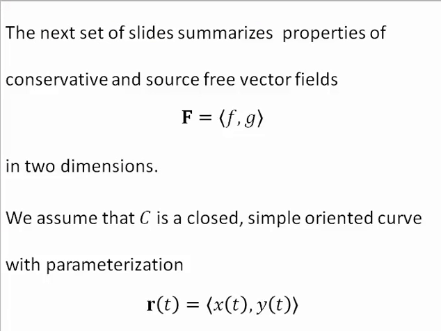Some more summary. The next set of slides summarizes properties of conservative vector fields or source-free vector fields in two-dimensional fields. We're going to assume that our curve is closed and simple oriented curve with this parameterization.